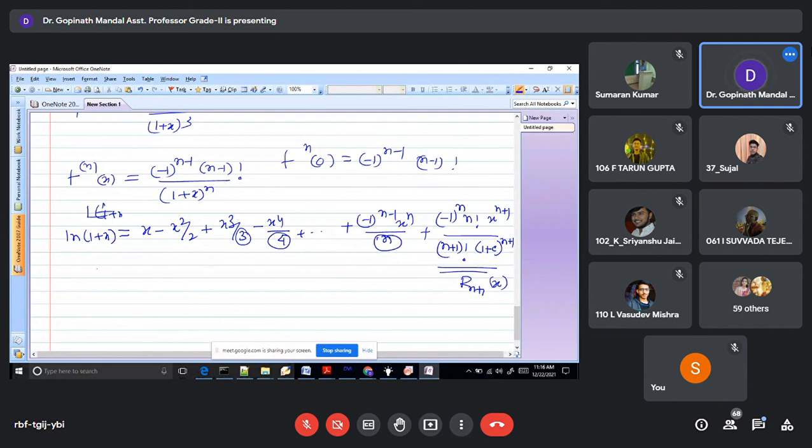If we increase the value of n, the remainder term will decrease. If we extend n up to infinity, the remainder term will decrease to 0. Then we get the value of ln(1 plus x) as an approximate value, but very close to the actual value.